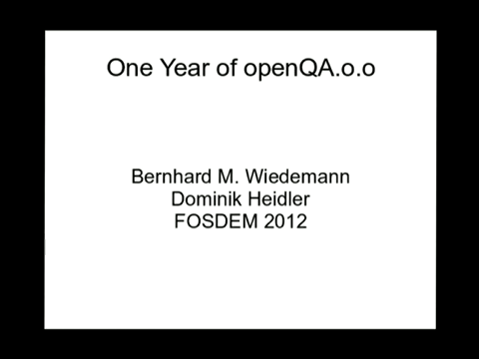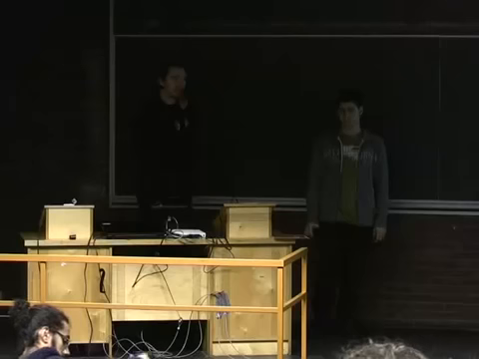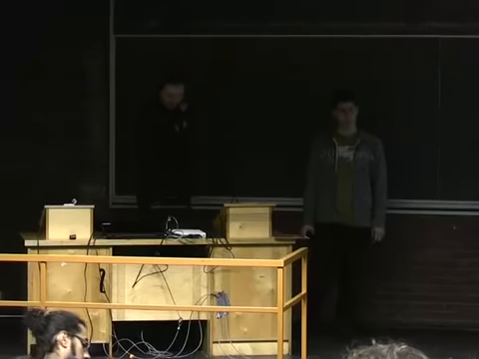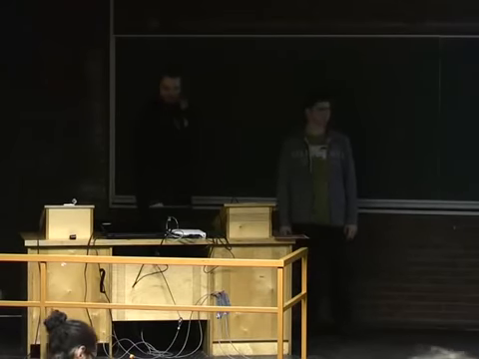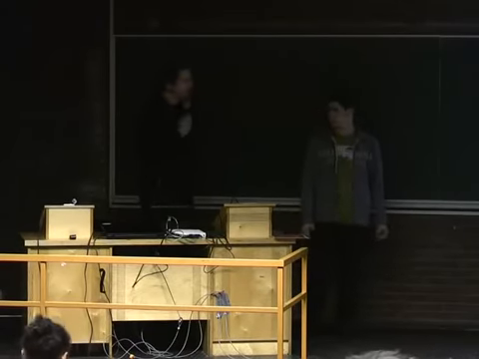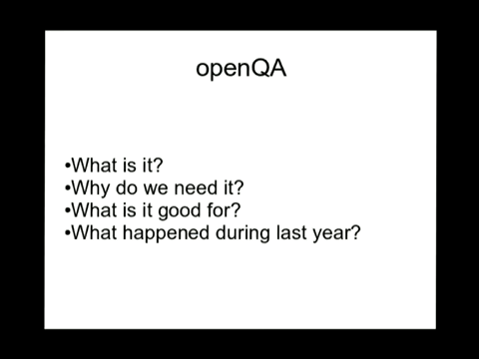Okay. So, welcome everyone. Our topic today is the OpenQA fully automated testing system we developed for OpenSUSE, but it is also usable for a lot of other operating systems. This is a short overview about what it is, why we need it, what it's good for, and the most interesting part, how it works.